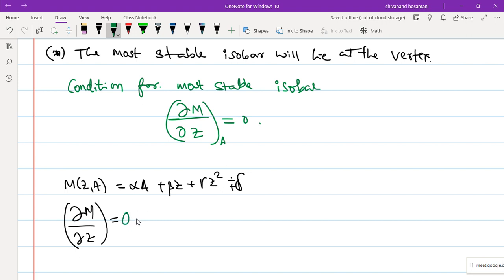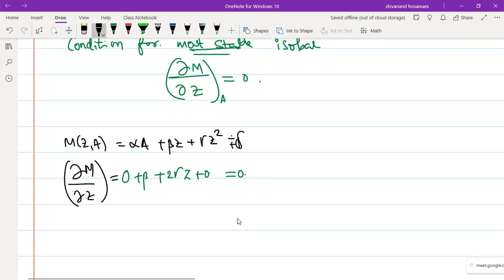The second term becomes only beta. And the third term becomes 2 times gamma Z, then again 0. To get the most stable one, I'll put the first derivative equal to 0.